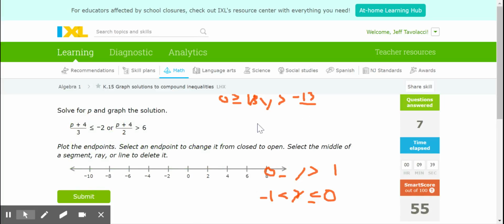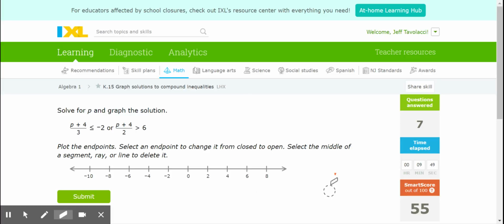Okay, I'll do one more problem because this one looks a little bit intimidating. But don't panic. We're doing one problem at a time. So we'll start on the left-hand side, and this looks intimidating to most people. It's a fraction, so that is in implied parentheses. So the first thing I would do is multiply both sides by 3.